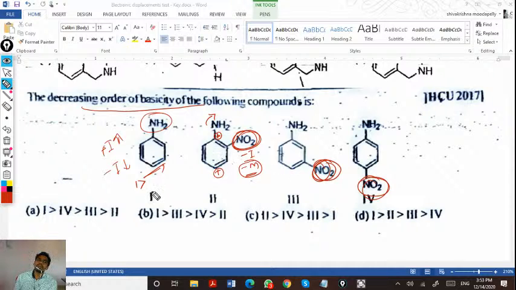So meta will be the next one, and among ortho and para, according to the minus I effect, it should be far away so that electron density quenching will be less. So withdrawing nature will be less. So the fourth, para, will be more than 2, ortho. So this is the basicity order: highest, second highest, third and fourth.